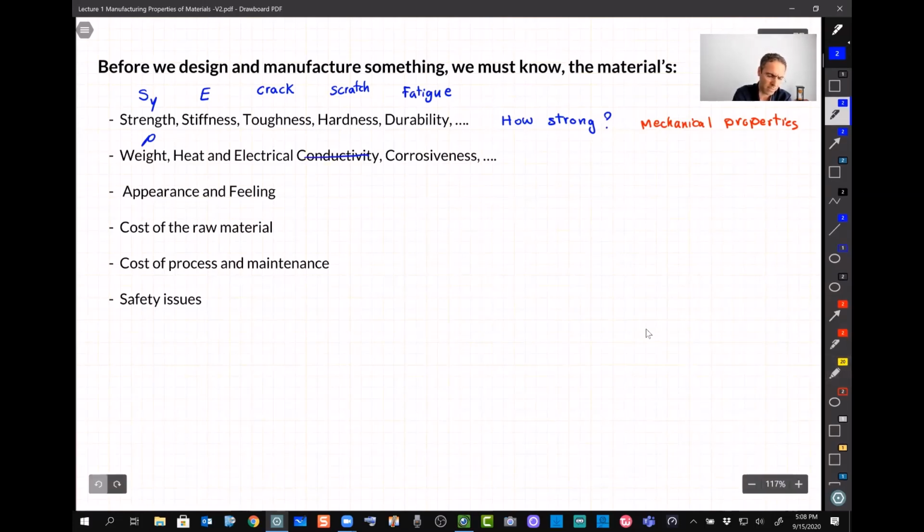And also, it is important for us to see if the material we pick for a particular application is resistant enough to corrosion. These properties, we refer to them as physical properties.